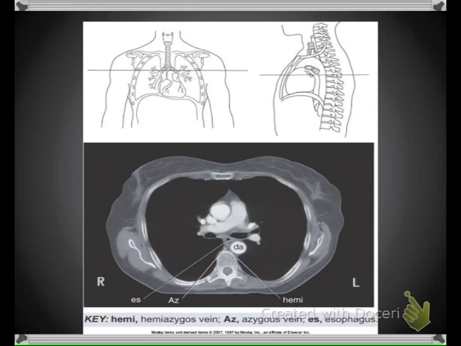Once again, posterior to the descending aorta and to the left of the vertebral body is where you should find the hemiazygos, but mainly know where the azygos vein is located: posterior to the esophagus and just anterior and right of the descending aorta and anterior to the vertebral body. And if you keep these straight, then pretty much all of this will tend to start making sense.